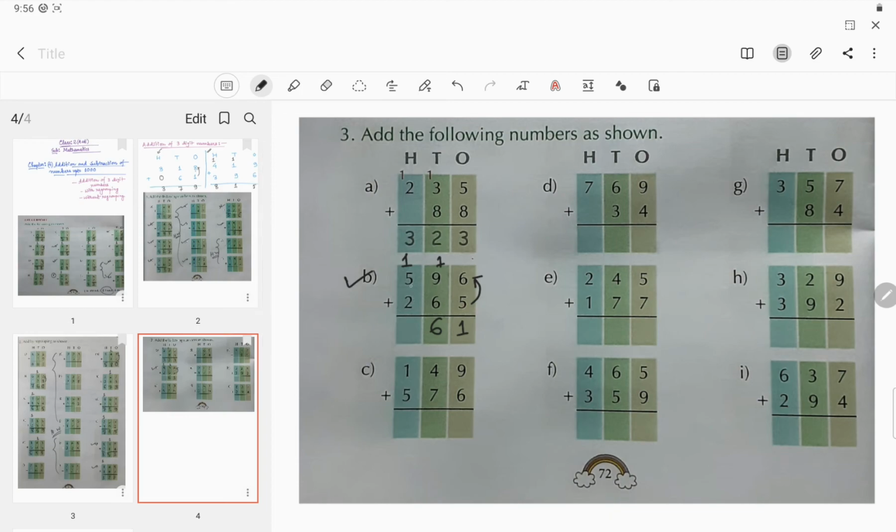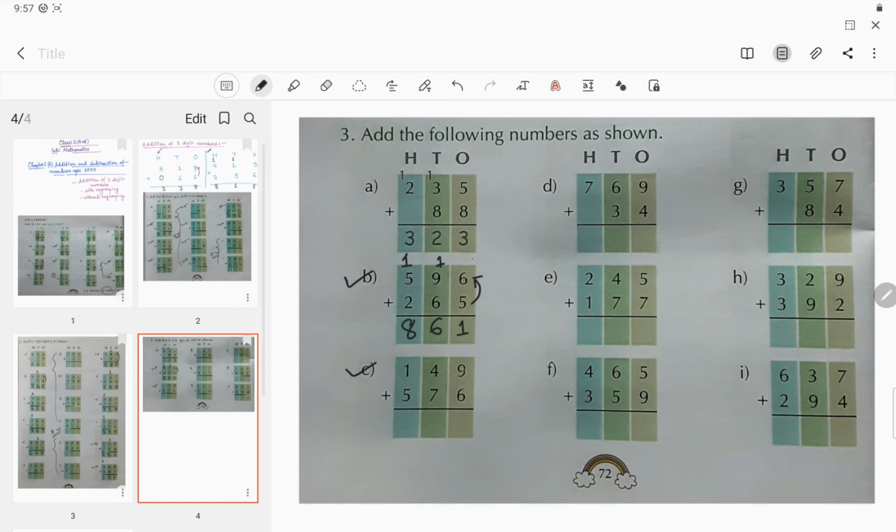Now again 2 plus 5 is 7 and 7 plus 1 is 8. But previously we did only 1 time regrouping, right? But here we are regrouping 2 times. This is the basic difference. Otherwise we are doing the same thing.